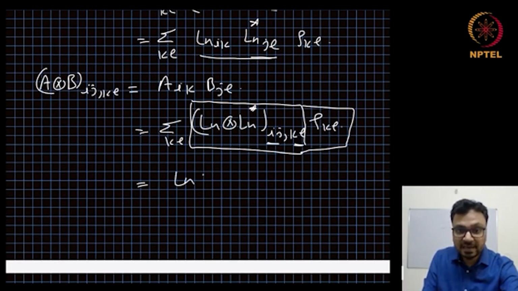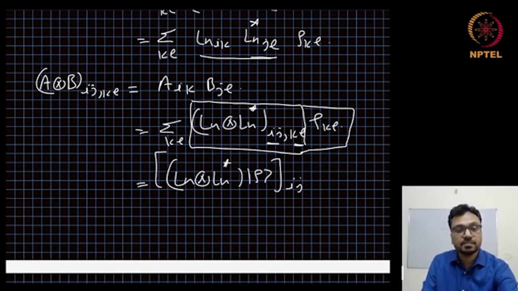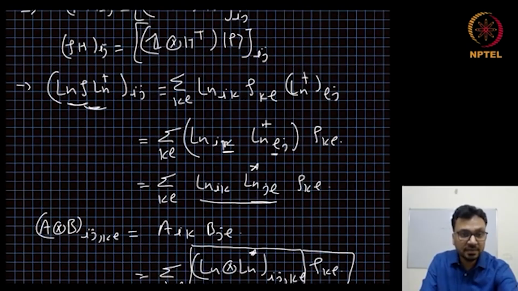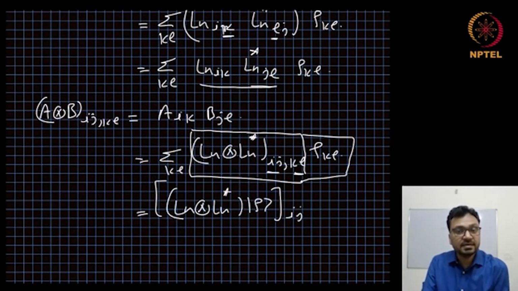So that will be Ln tensor Ln star acting on the vector rho and the element ij. Okay, so what we have done is we have taken Ln rho Ln dagger and the ijth element of that, and that is equivalent to Ln tensor Ln star acting on the vector rho, the unfolded matrix rho, and the ijth element of that.